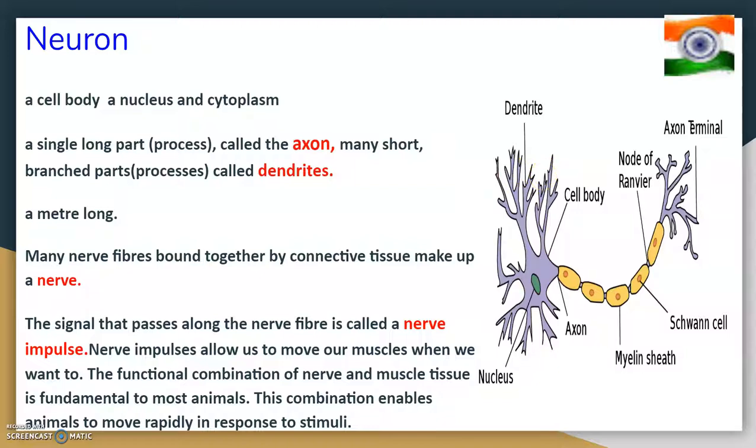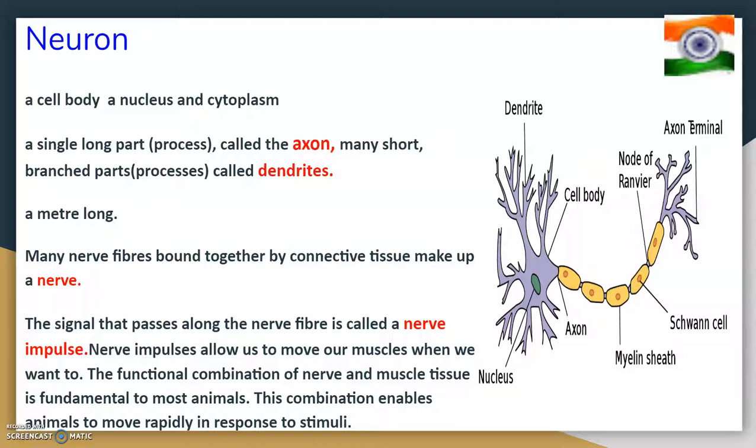Many nerve fibers bound together by connective tissue make up a nerve. A signal that passes along the nerve fiber is called a nerve impulse. Nerve impulses allow us to move our muscles when we want to, and the functional combination of nerve and muscle tissue is fundamental to most animals.